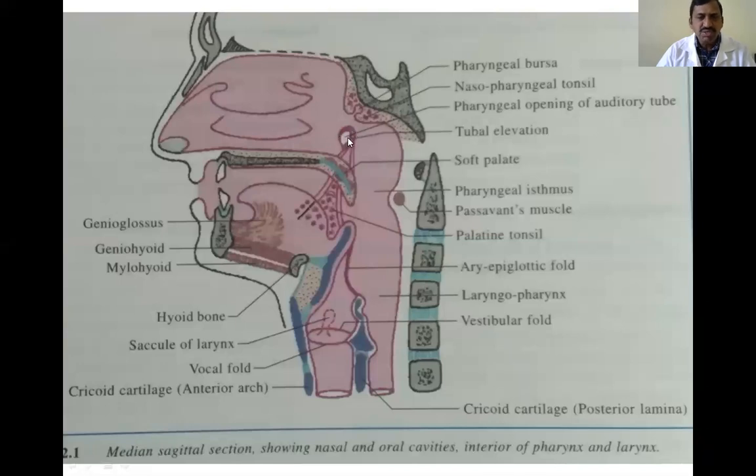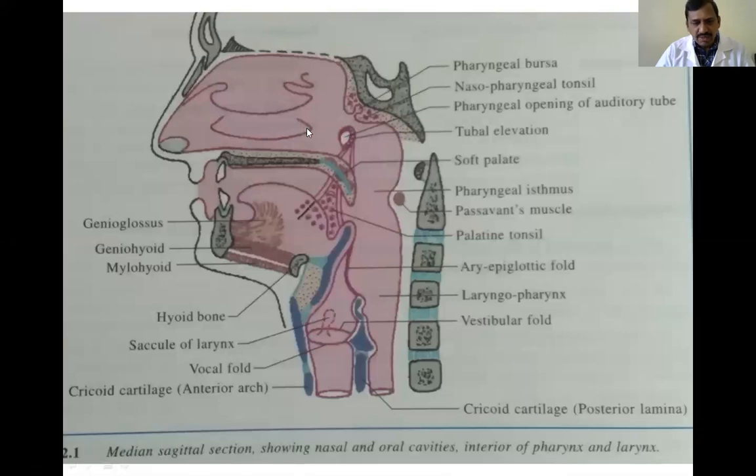The location of the Eustachian tube is clinically very important, because whenever there is a retraction of the tympanic membrane and you want to blow air into the middle ear, you have to identify the opening of the auditory tube.